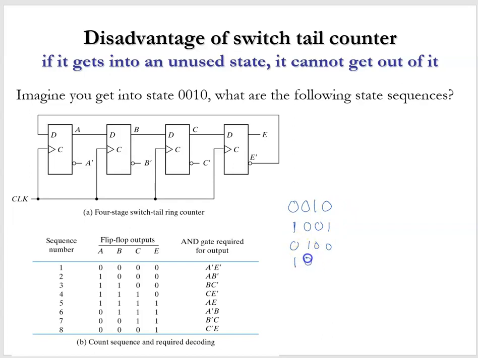Shifting again, we get 1, 1, 0, 1, and this 1 shifts around and becomes a 0. We keep shifting through 0, 1, 1, 0, then 0, 1, 1, 1, then 0, 1, 0, 1, and then we shift around again. We get a 0, 0, 1, 0, and look, we're back to the start.